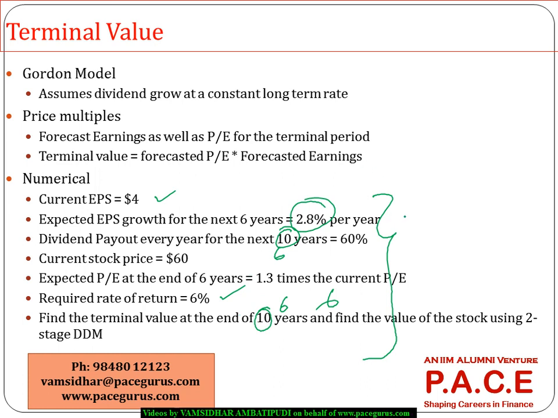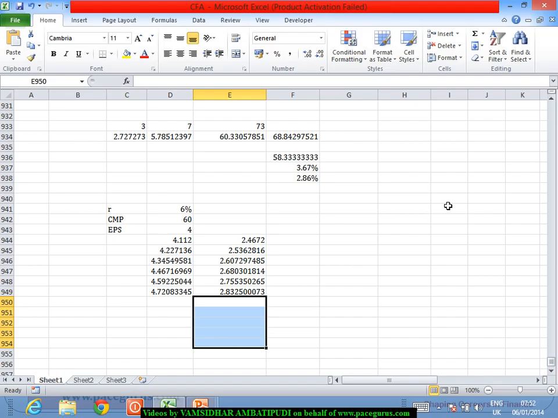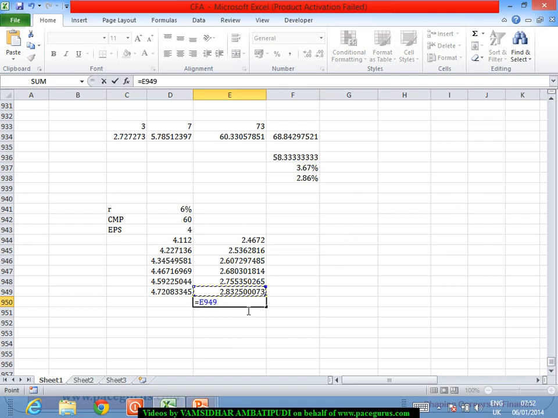That is when I can use a two-stage model. After 6 years, let me assume that it is going to grow at 2% forever. So from this year onwards, the dividend is going to be increasing at the rate of 2% forever.